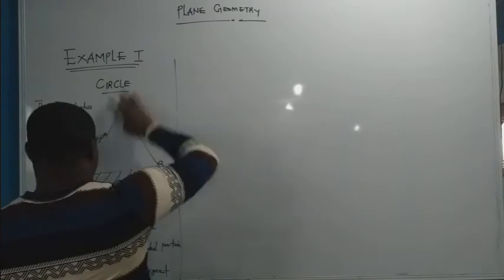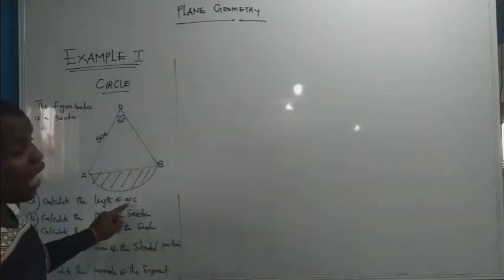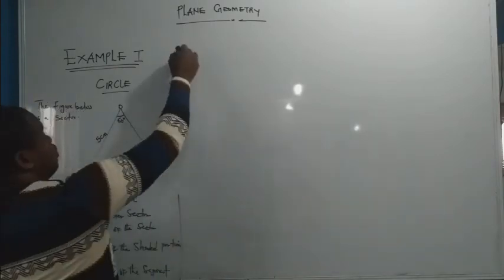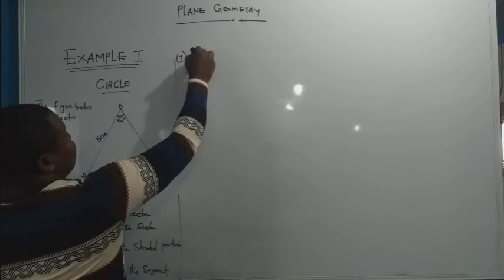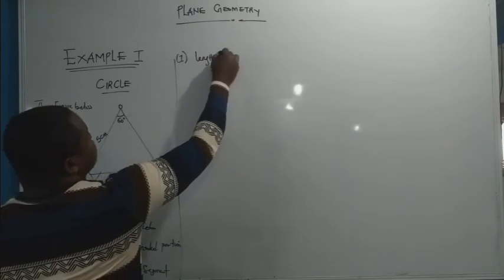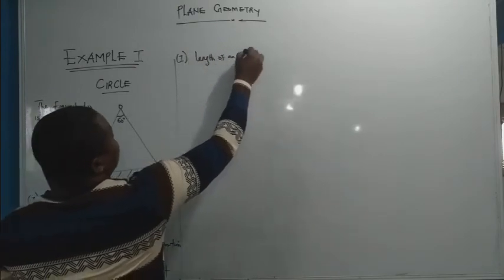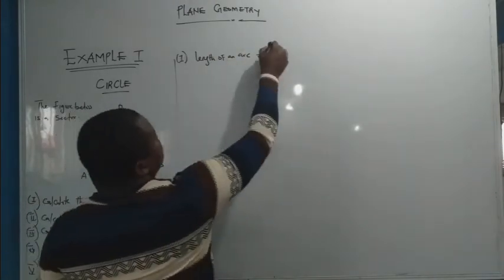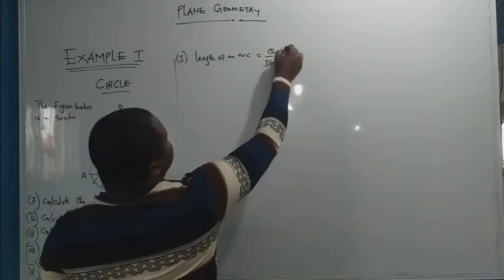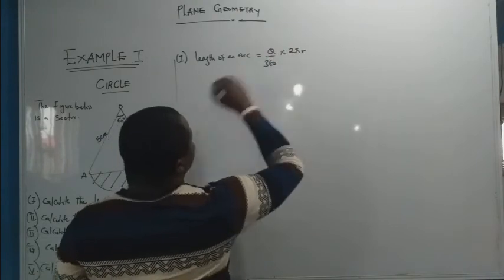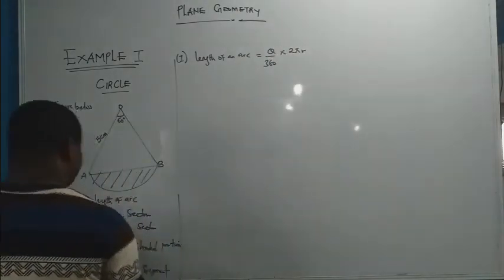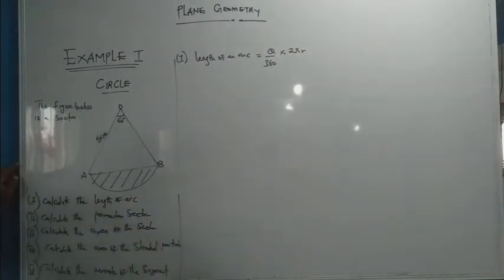So what do we do here? Calculate the length of an arc. That's the first question. Formula for length of an arc: length of an arc is equal to theta over 360 times 2 pi r. And then we'll be given the value for pi.